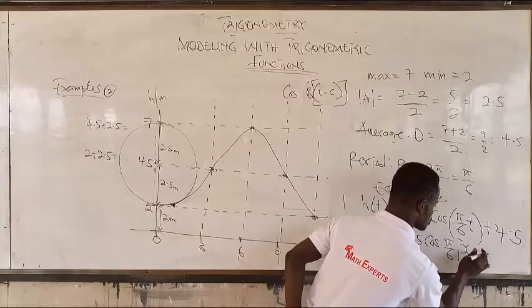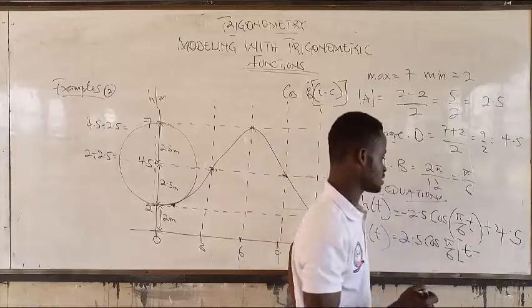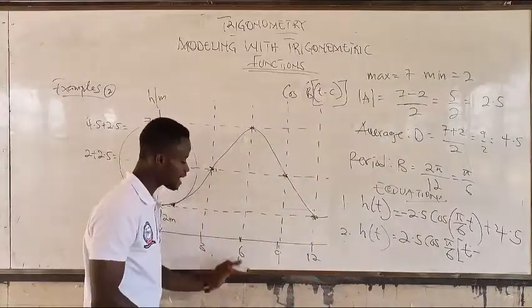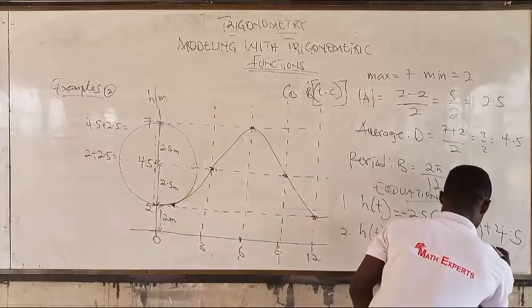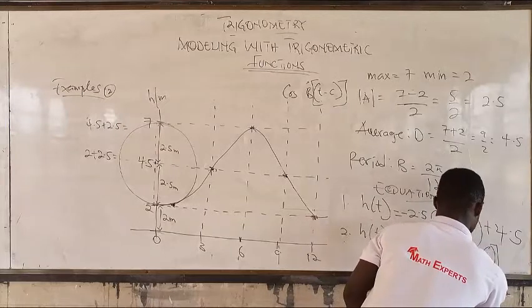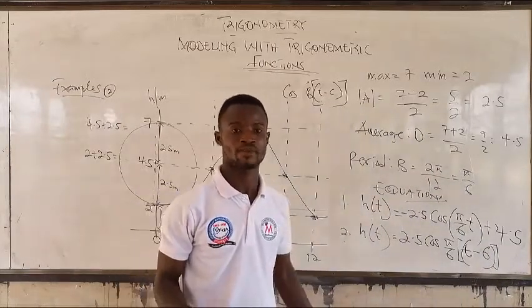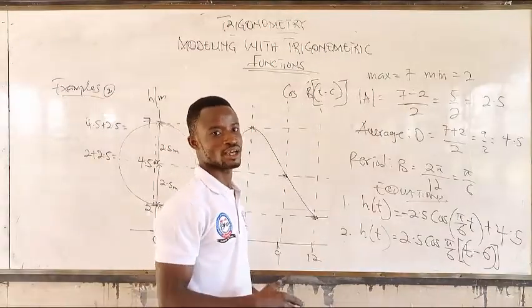Then t minus the shift to the right, which is 6. Alright. Very good.